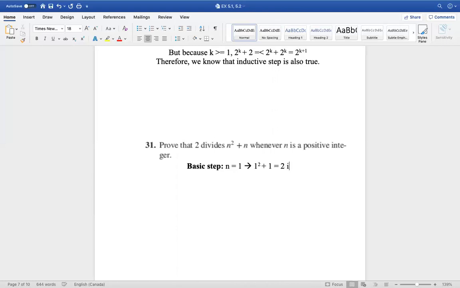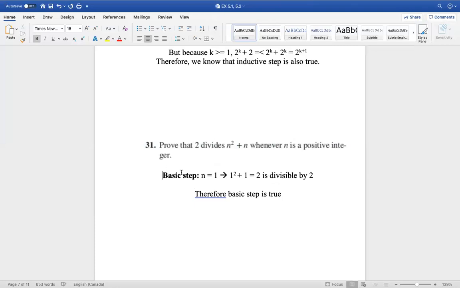Now this is divisible by 2, therefore the basic step is true. Therefore our basic step is true. Let's move on to the inductive step.